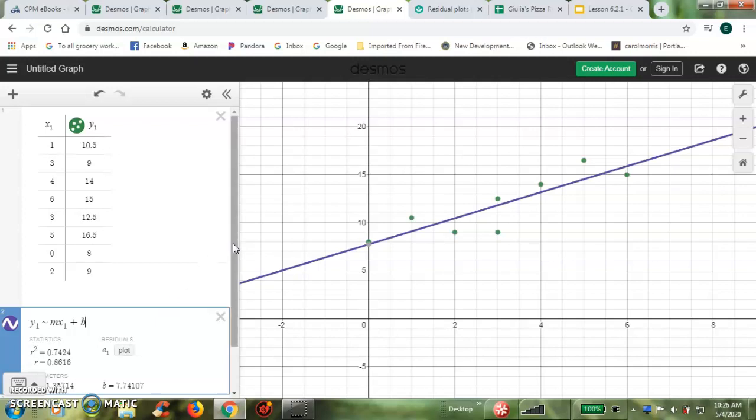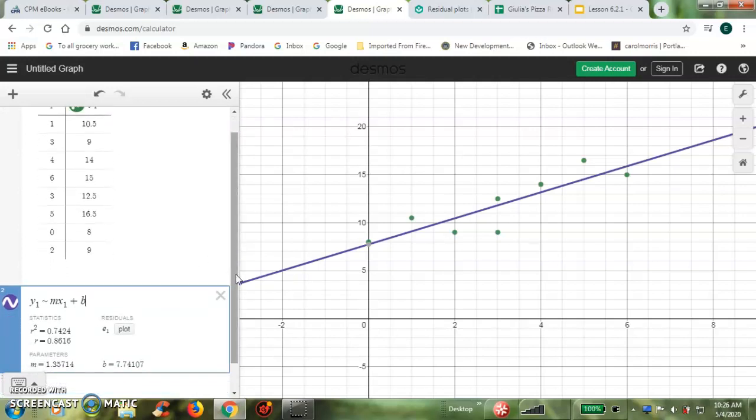Once you get here, you can see right away the line of best fit. For a 2-topping pizza, based on the information here, I'm going to say that's about $10.50. So basically you could write the report based on what you've just done here.